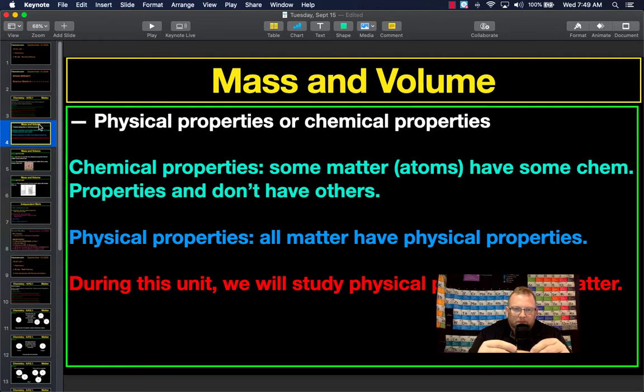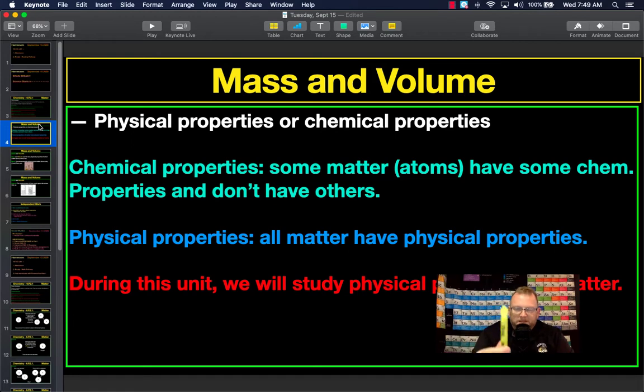Well, magnetism is a chemical property. Although this is metal, this is a non-magnetic metal, so it doesn't magnet to this. You can't magnet to that. Okay, so some chemical properties matter has, and then some chemical properties it doesn't have, and other things have that property. So the chemical properties are not always the same for different types of matter.